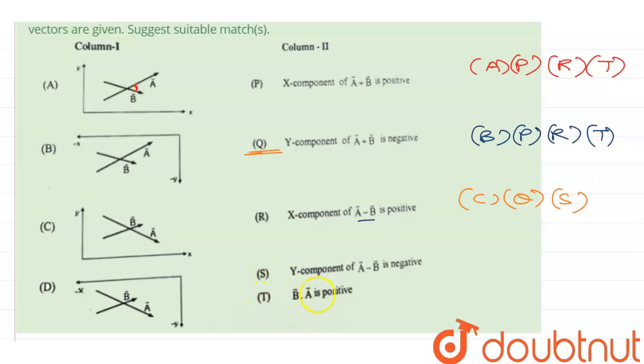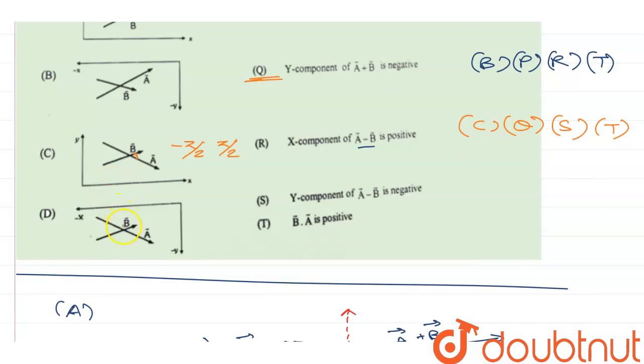And once again, for dot product, I have to check the angle between them, and since the angle between them lies in the first and fourth quadrant, that is between minus pi by 2 and pi by 2, this dot product is also going to be positive. So option number T. And as you can see, in option D, they have simply taken these vectors and slided them over into the third quadrant.